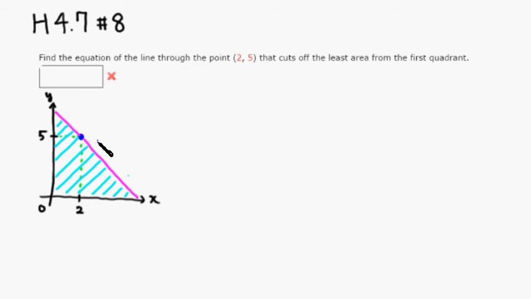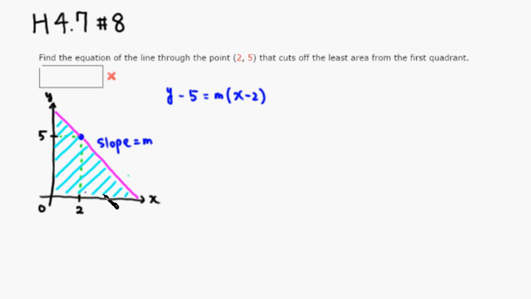So the equation is going to be y minus y1 is equal to m times quantity x minus x1, which is 2. So this would be the equation.